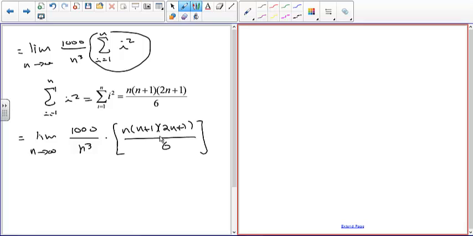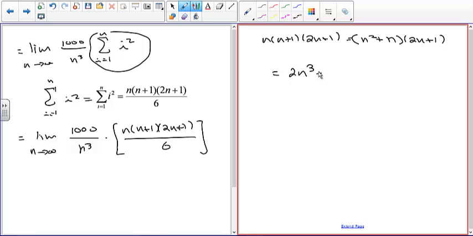So let's multiply this thing out by itself so we don't have to. So we're going to evaluate this little numerator. So if we multiply n times n plus 1, we'll get n squared plus n. And then we multiply it by 2n plus 1. So I'm just multiplying the first thing out. And then we can use FOIL, and you get 2n cubed from this.